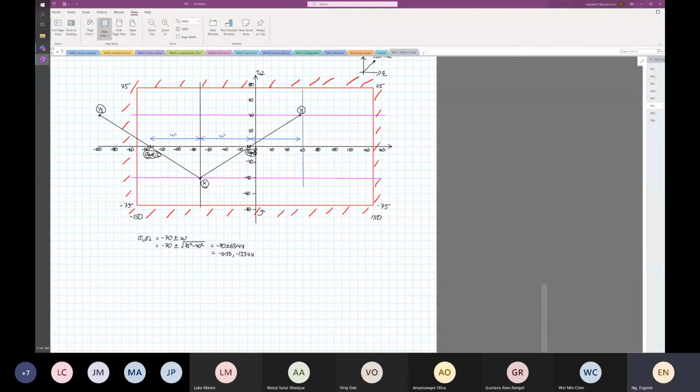That is our W. Then we draw another vertical line down, from here to here, and another one.